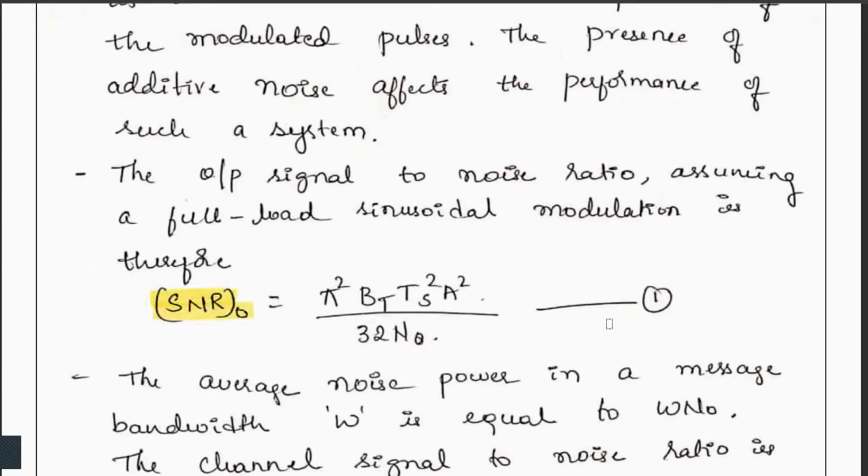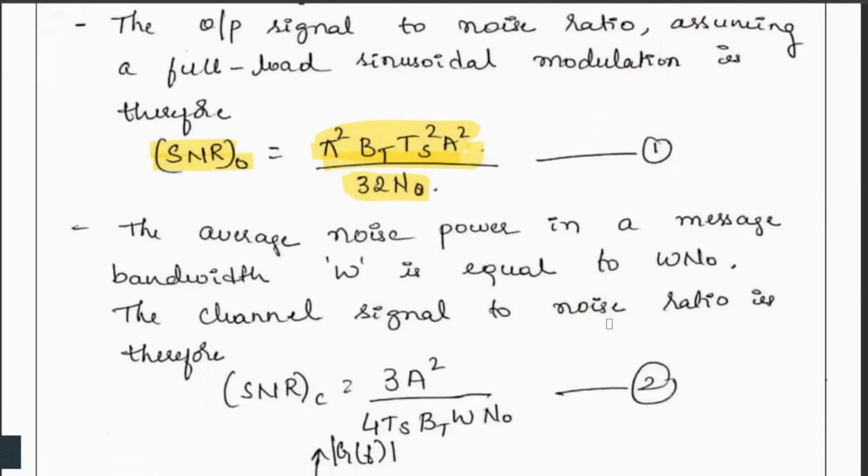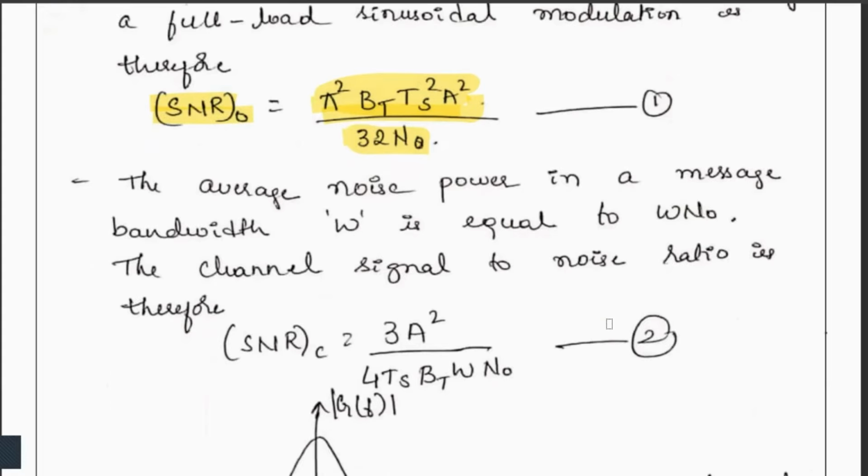The SNR at the output is given by pi square BT Ts square by A square into a square divided by 32 n0. That is, the average noise power in the message bandwidth omega is equal to omega n0. The channel signal to noise ratio is therefore given by this equation 2.